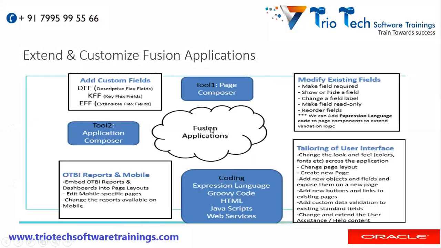So when we say page composer or application composer, it means that Fusion gives you a flexibility or a tool to use your HTML code, your JavaScript, your web services, or any Groovy code to define, to create, and to have the functionality of any restriction or any reports or any kind of custom requirement that can be incorporated using these various markup languages, and can be used on the Fusion application to change your look and feel, to have your company logo on the system, to have a different color or different logos based on the company.